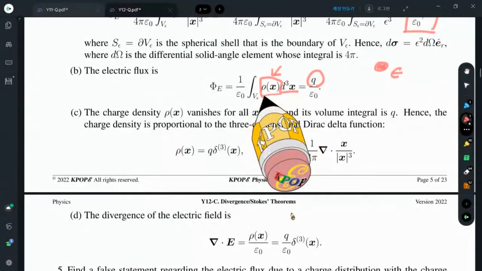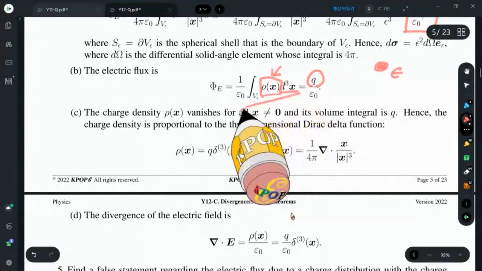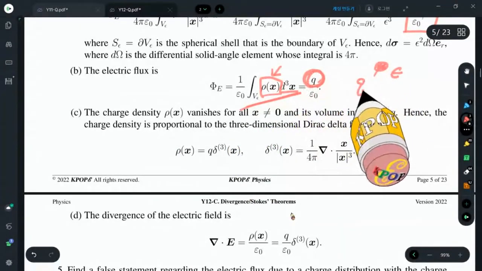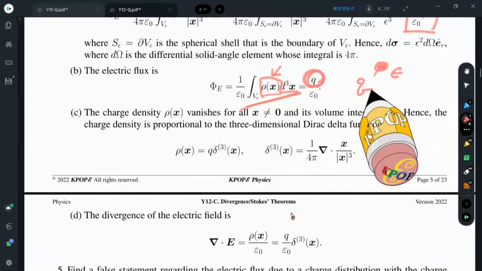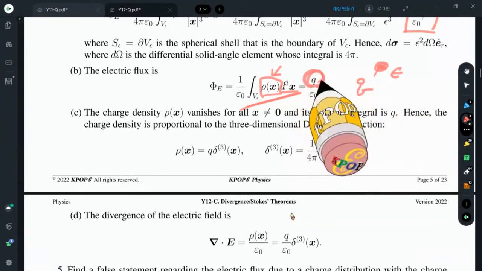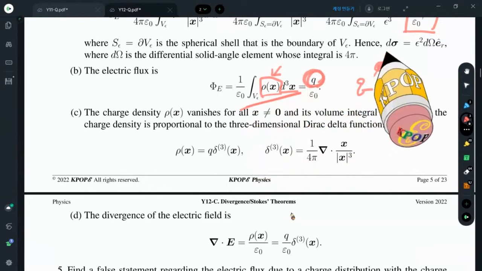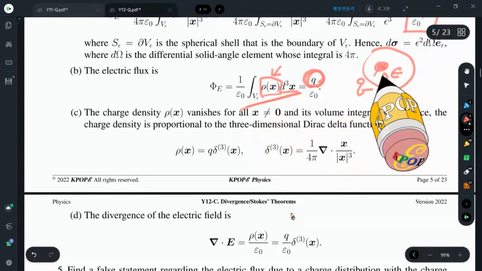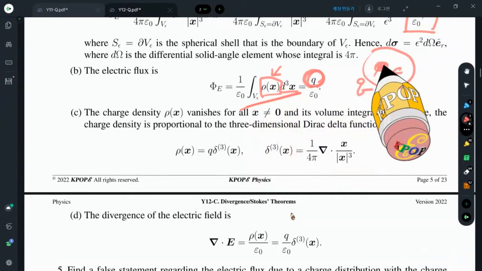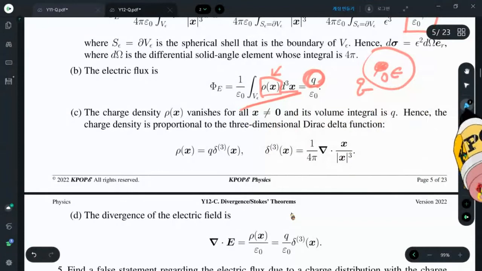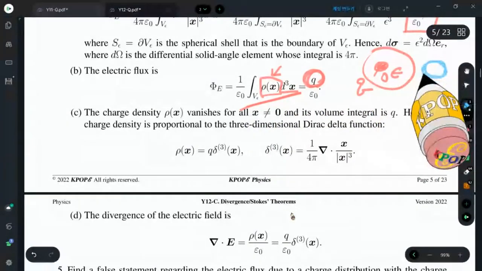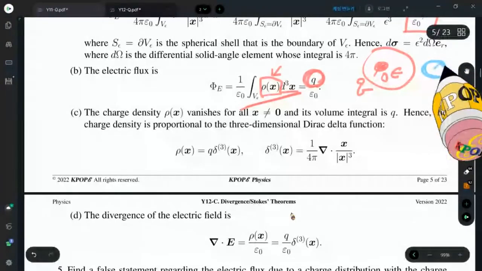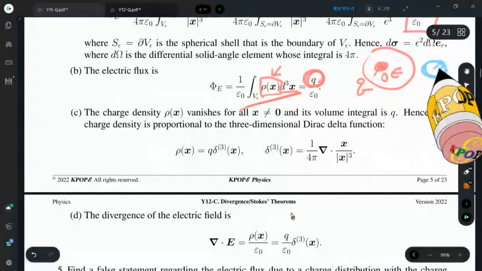this function is a very strange function. After integration, you need to find the charge Q in it. However, this value is obtained only if this volume contains the origin 0 at which the charge is placed. However, if you place this volume outside, this integral must be 0, whatever radius it may be, even a very tiny one.